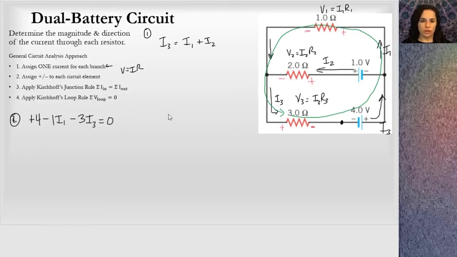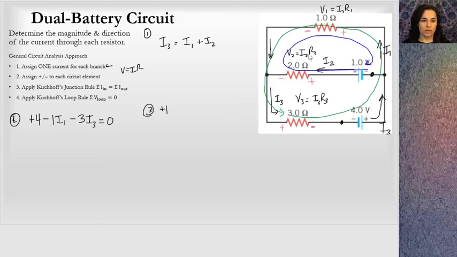Let's do another loop, and I am going to choose the top loop here. And I'm going to choose it in this direction. I'm going to get more positive signs than negatives when I do it in that direction. So this third loop I'm doing here, I'm going to start here on this side of the battery. I'm going to get a 1 volt rise over the other battery. I'm going to get a V2, a drop of V2 over this resistor.